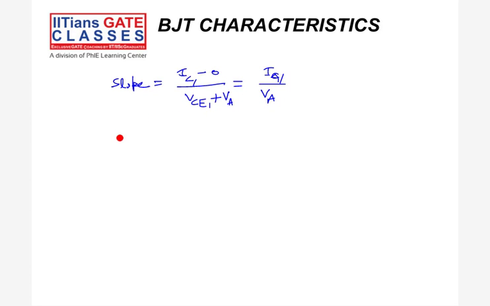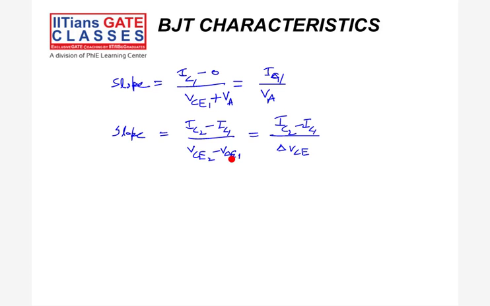In the second case, the slope I'll write as IC2 minus IC1 divided by VCE2 minus VCE1, that is equal to IC2 minus IC1 divided by delta VCE. Right? I can write this.